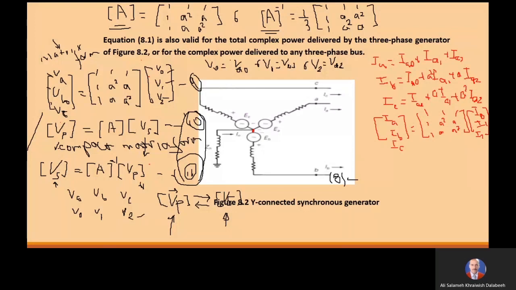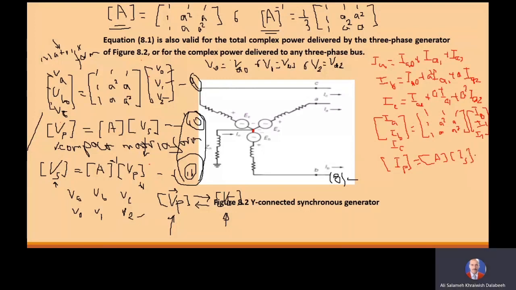Okay, this is the first form in matrix form. And also we can write it in compact matrix form like this. I phase, the phase quantities of the currents, is equal to matrix A multiplied by I sequences, the sequence quantities of the currents.